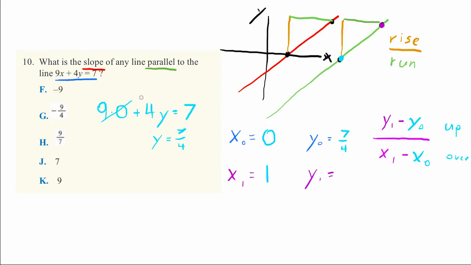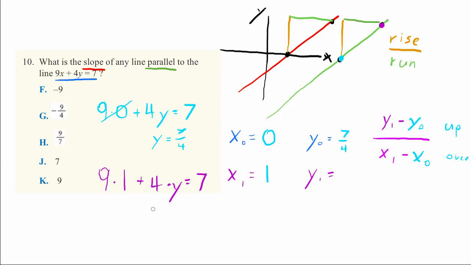And y1, let's go ahead and solve for that. Let me choose purple again. So if x is equal to 1, then we have 9 times 1 plus 4 times y, which we're trying to figure out the value of, is equal to 7. This is equal to 9.